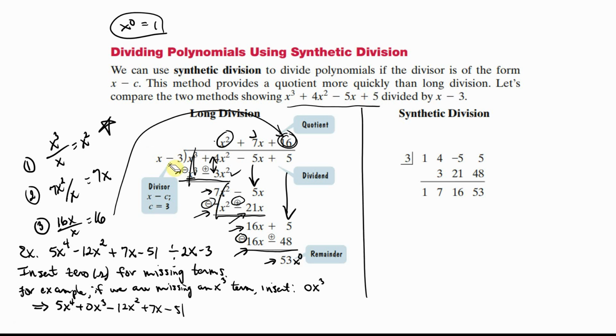This is the binomial. So I stop the process if the degree of the remainder, this is 0, x to the 0 is just a constant, that degree is less than the degree of here, the so-called binomial, right? x to the first.